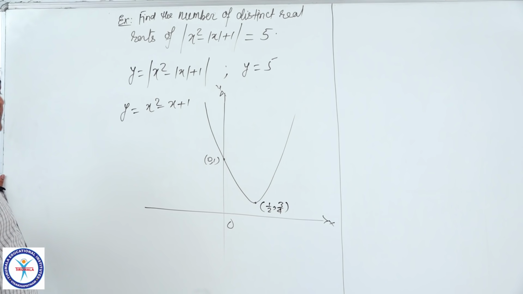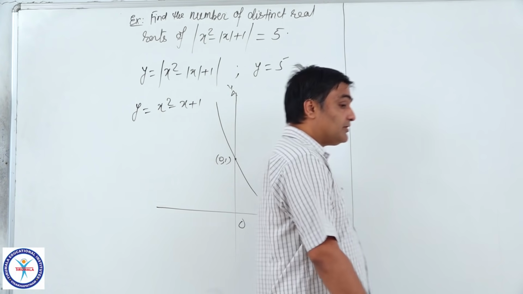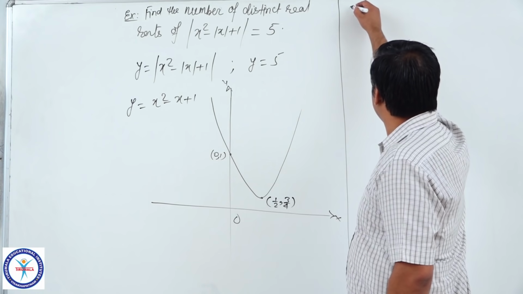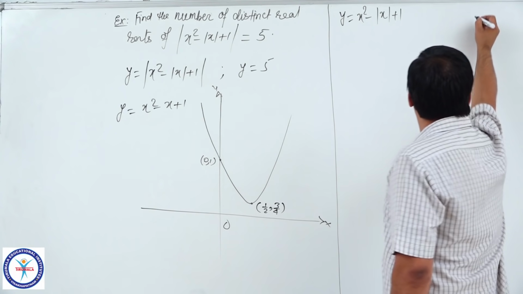Now mod on x. Mod on x means what? Left portion neglect, take the mirror image. So now we have the graph like this.